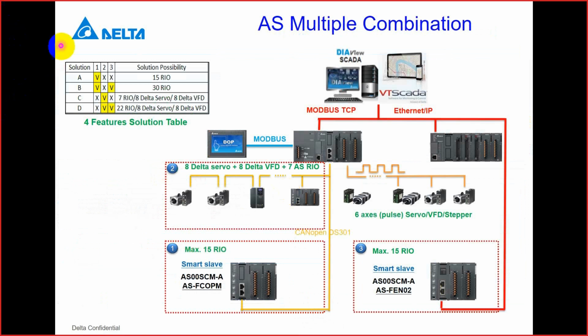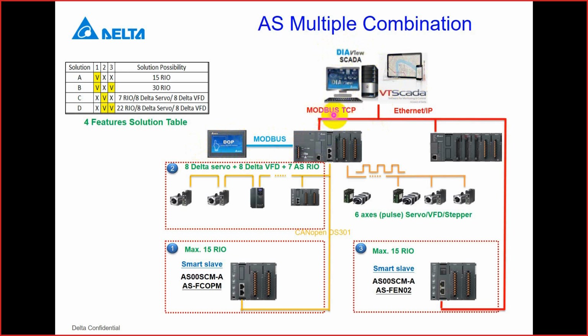So here we have 4 solutions. So you can see basically we can use Modbus or Modbus TCP to connect to the DOP100 HMI. And I believe some of you know that we have 2 SCADA systems, one called DIAView, another is VTScada.